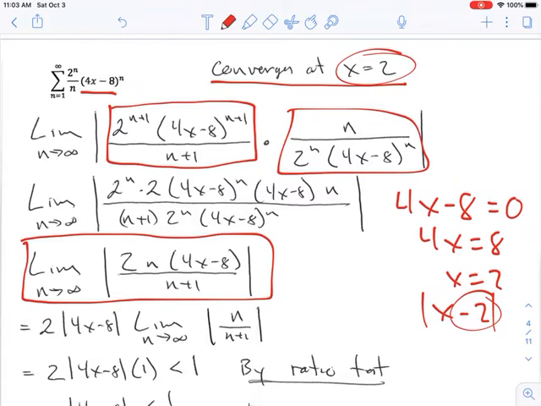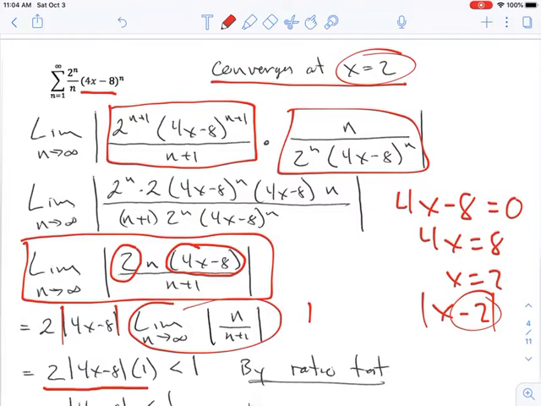So I'm going to bring out the constant 2, and I'm going to bring out the term with the variable in it, the 4x minus 8. So we have 2 times the absolute value of 4x minus 8 times the limit of n over n plus 1. Well, we know that the limit here is going to be equal to 1. So we have 2 times the absolute value of 4x minus 8 times 1 is less than 1 by the ratio test.